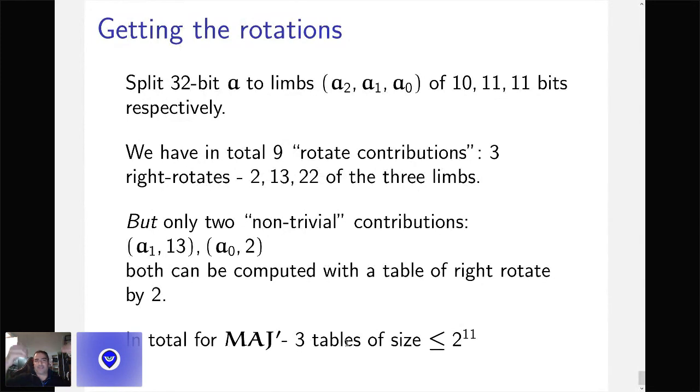And then we need the table that takes us back, that decodes the result after we do the addition. So that's basically it.